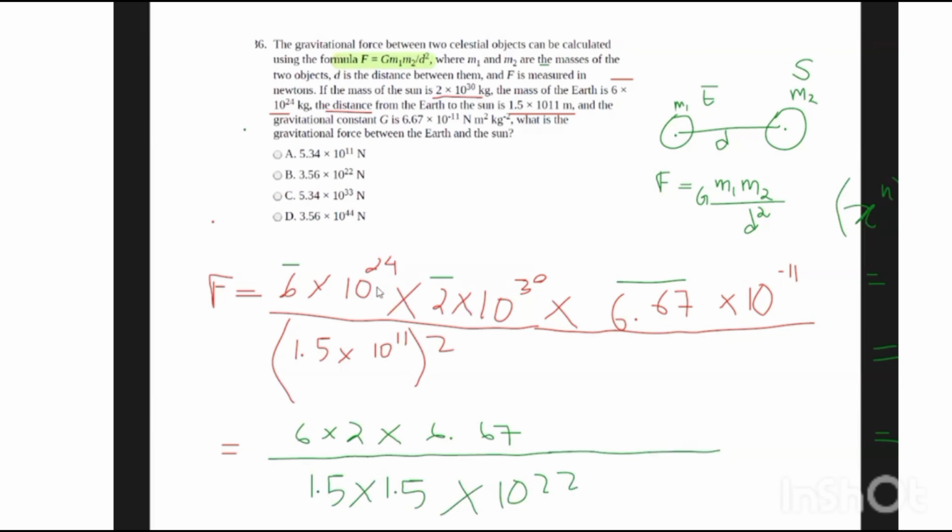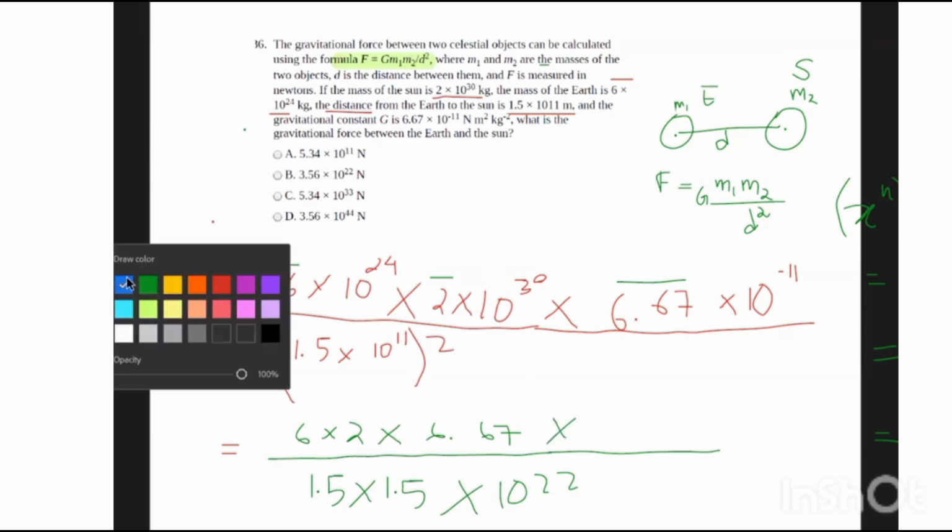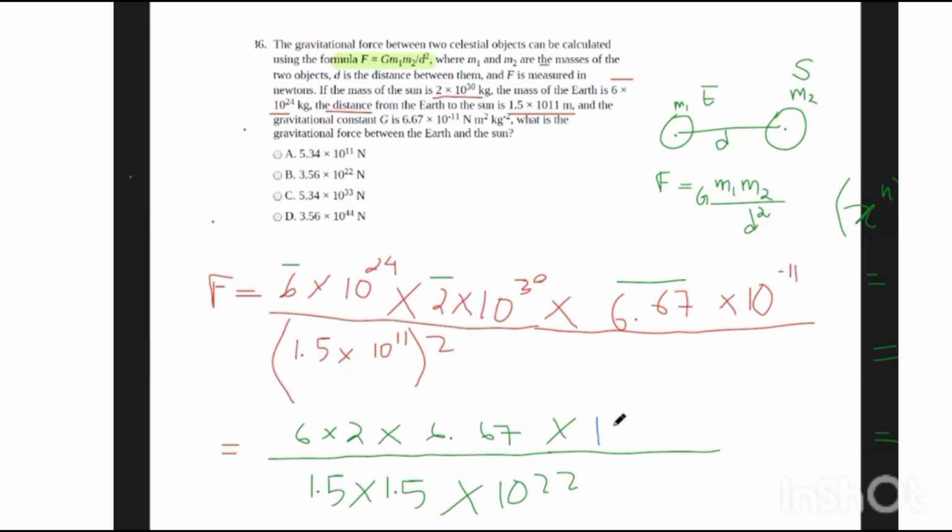Now, for this portion, 10 to the power 24, 10 to the power 30, 10 to the power minus 11, we know that when you are multiplying the exponents, you add up the powers. So all of these are what? The power of 10. So times, let me use a different ink, it'll help you understand. So it becomes 10 to the power 24 plus 30 minus 11. How is it coming?